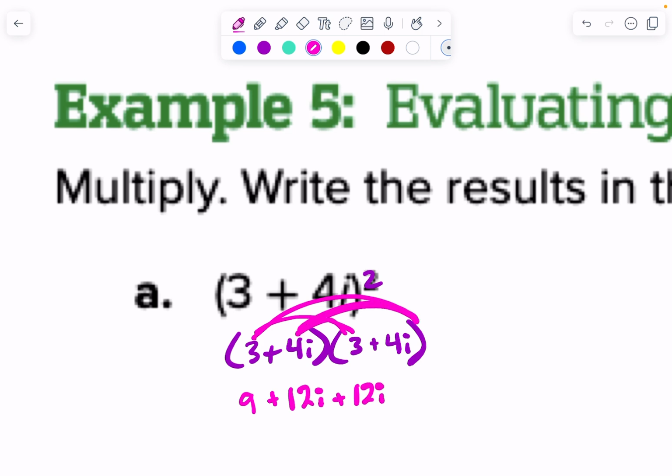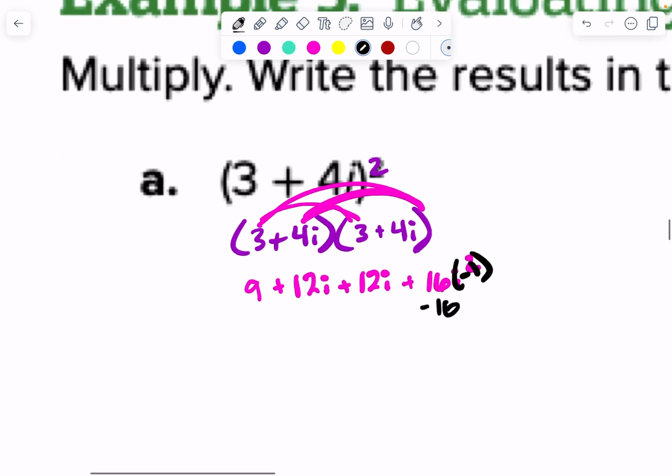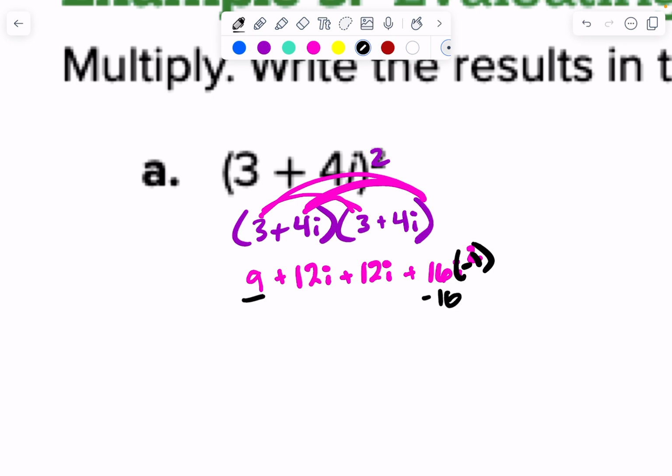And 4i times 4i is 16i squared. We know that i squared is negative 1, so that's going to make this negative 16 instead of a positive 16. Now I can combine. 9 and negative 16 is negative 7, and 12i and 12i becomes 24i. And there we go.